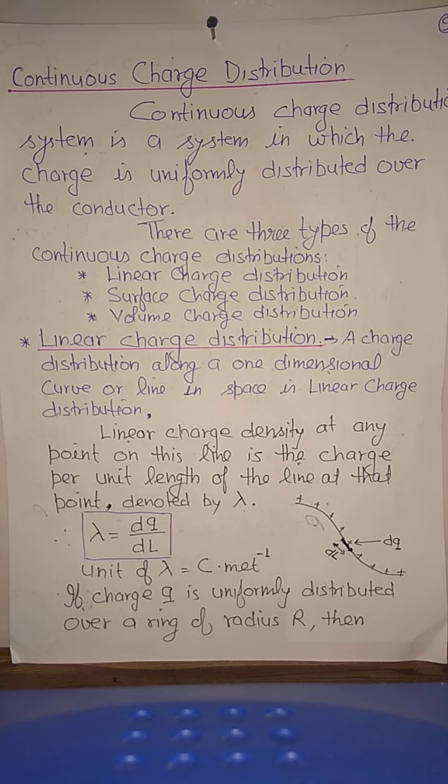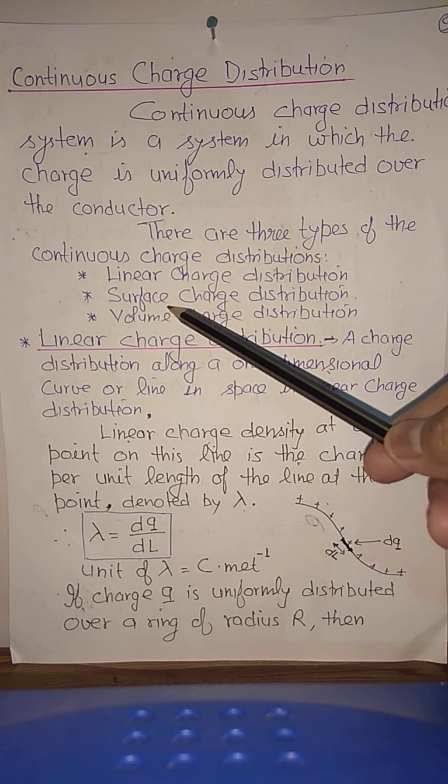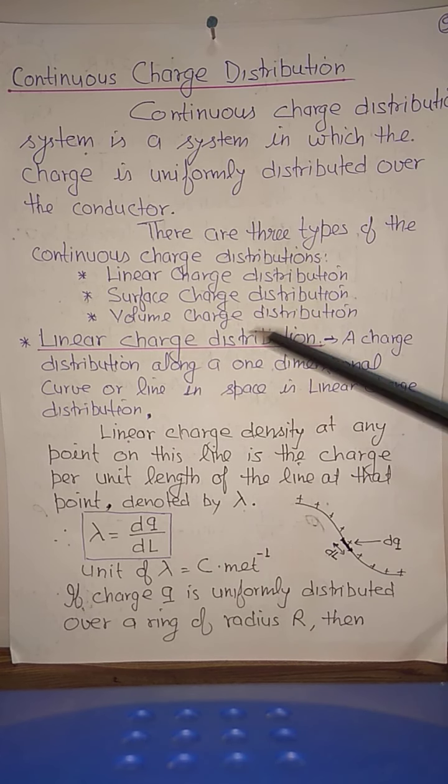That is uniform distribution of the charge over a conductor. Clear? And there are three types of continuous charge distribution as given here: linear charge distribution, surface charge distribution, and volume charge distribution.